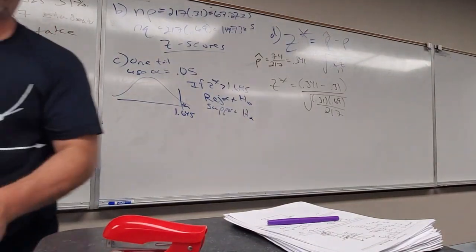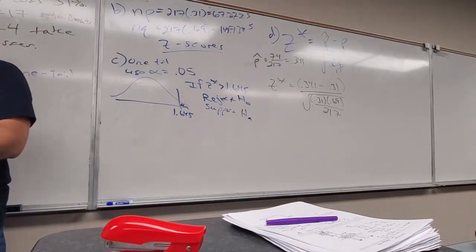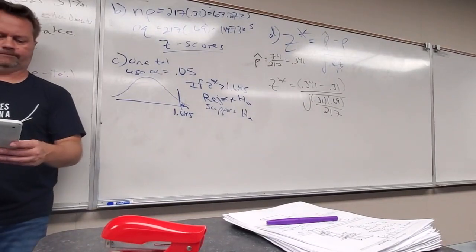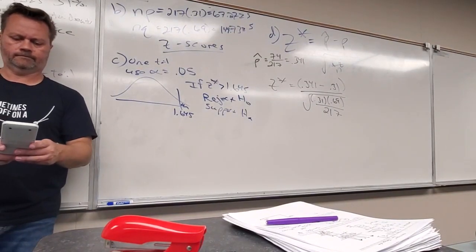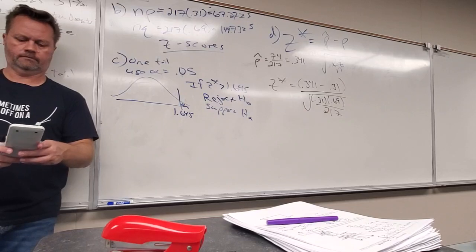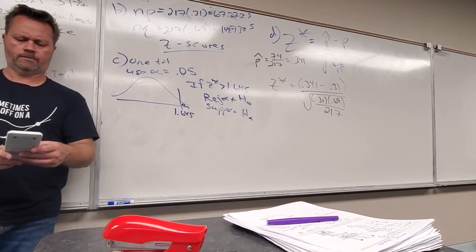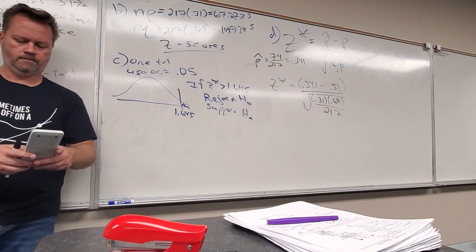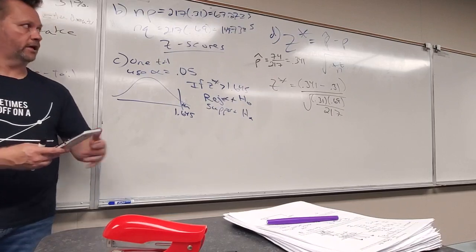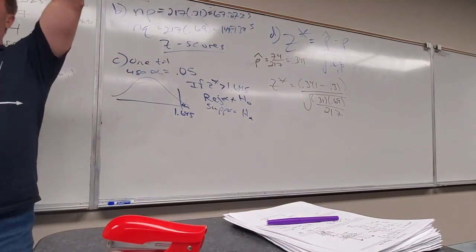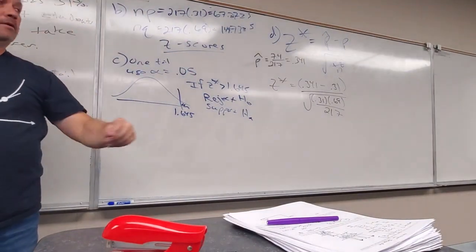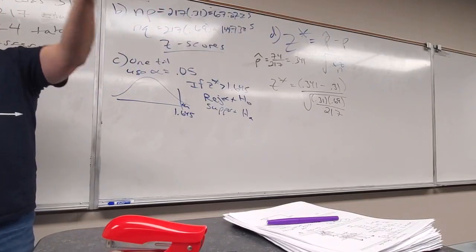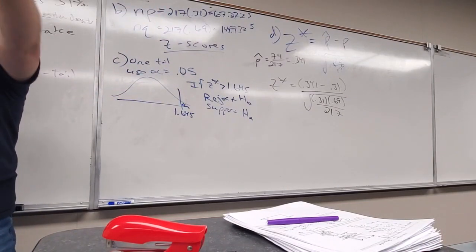Let's see what we get. The one thing you got to be really careful about, I did it for you here. You want the top in parentheses. And at the bottom, you want to make sure you don't come out of your square root until you get all that stuff in there.